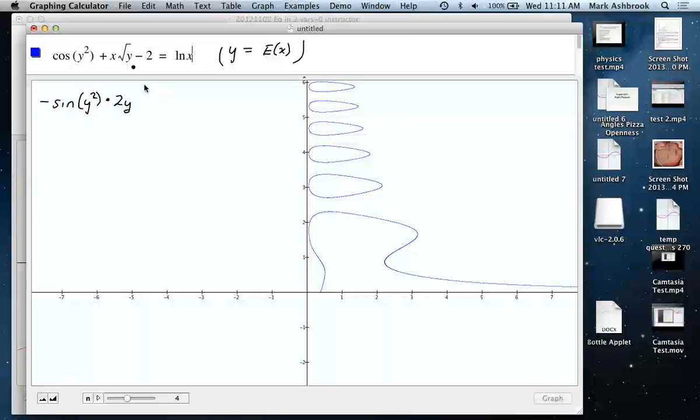Okay, ready for the next one? But what is y? Y is some expression of x, and we're taking the derivative with respect to x. So are we done? Nope, we need... Do you see that? You got to see that, that we're imagining that y is some expression of x.